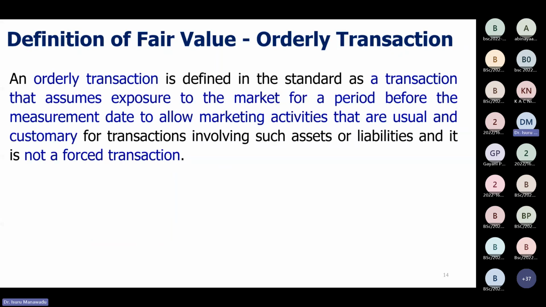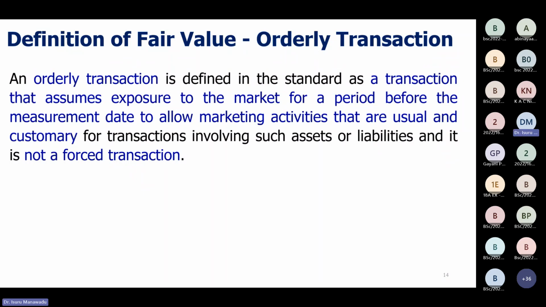Then we'll talk about orderly transaction. බලමු දැන් orderly transaction කියන්නේ මොකක්ද කියලා. Have a look at this orderly transaction. A transaction that assumes exposure to the market for a period before the measurement date to allow marketing activities that are usual and customary. ඒවා අනවශ්‍ය ලෙස කරන marketing නෙමෙයි.